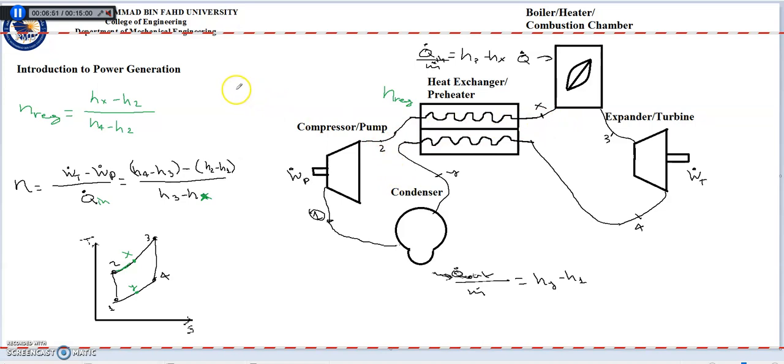In other words, Hx minus H2 times the mass flow rate will equal the mass flow rate times H4 minus Hy. Obviously, in this application, the mass flow rate is the same, so we can ignore it.